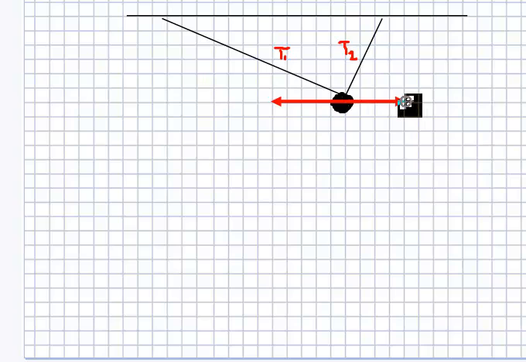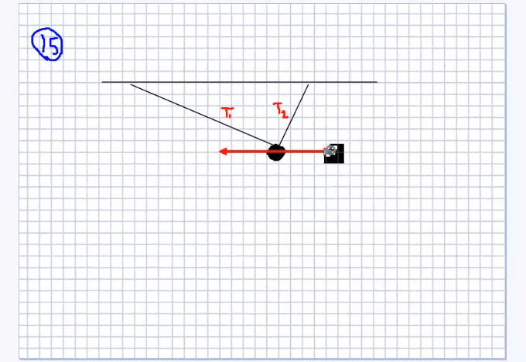If those two x components were different, the ball would start accelerating to the left or to the right, and you can see just by inspection that's not happening. So you can see that T1x and T2x simply must be equal. And that's the beginning insight into the problem.